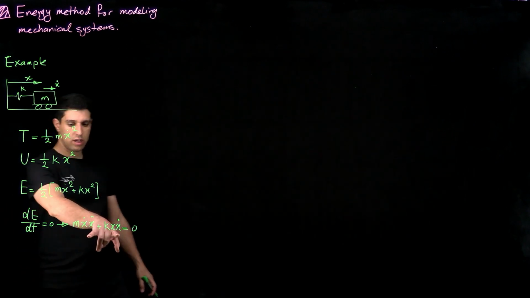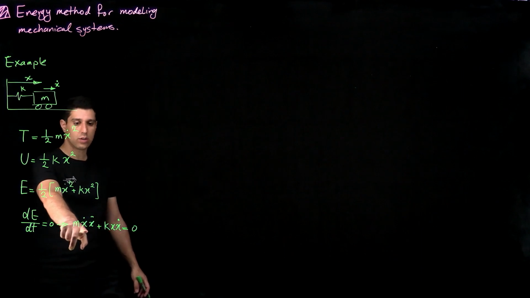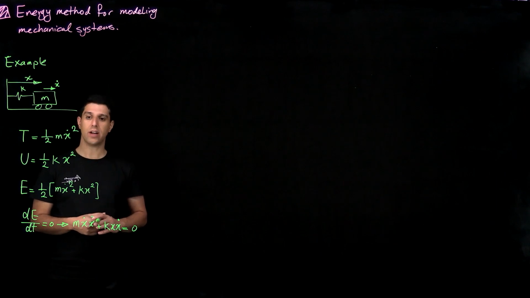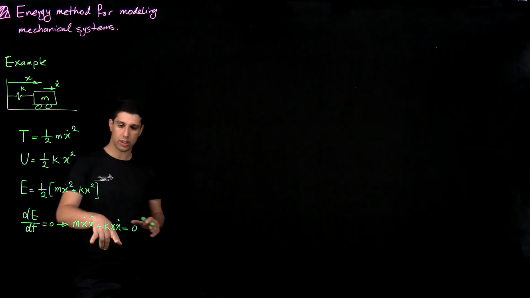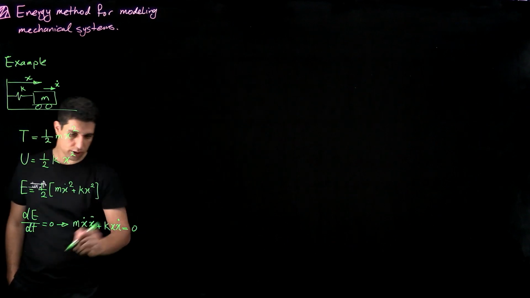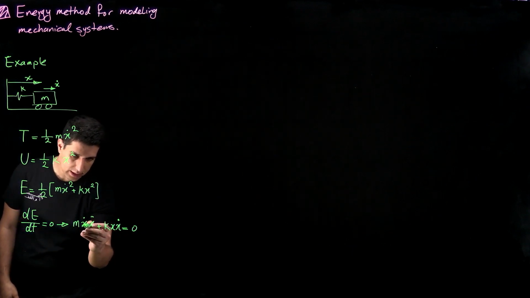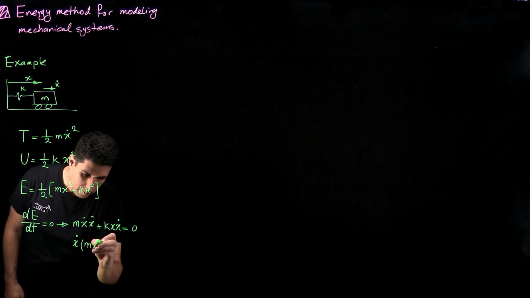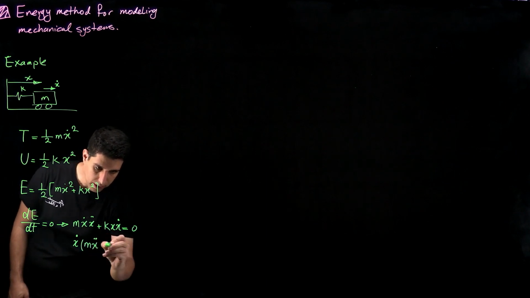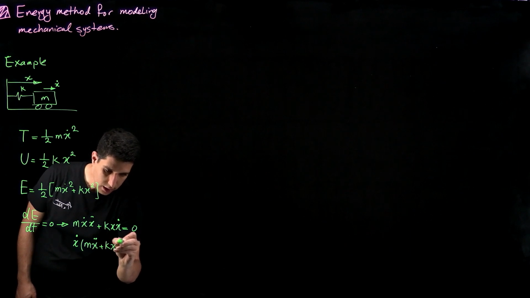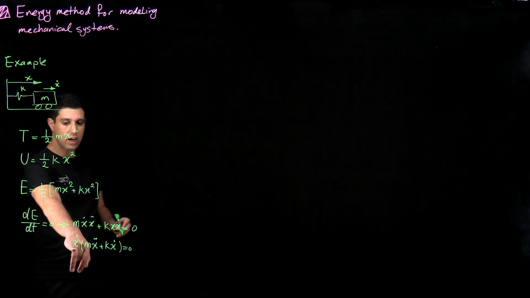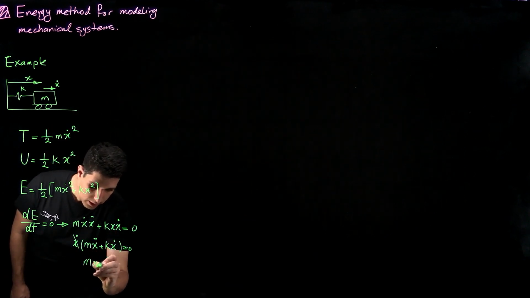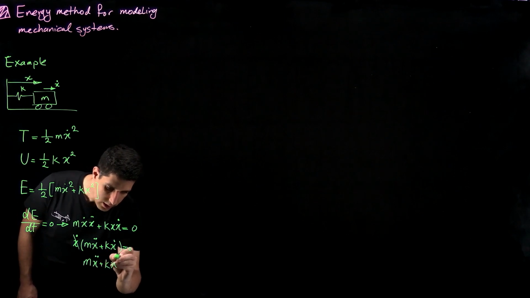So one condition could be that x dot equals 0. That is, the system stays still. That's not a fun solution. So for this equation to work always, I can factor out one x dot, leaving x dot times m x double dot plus k x equals 0. If x dot is not 0, I can cancel it, and I'm left with m x double dot plus k x equals 0.